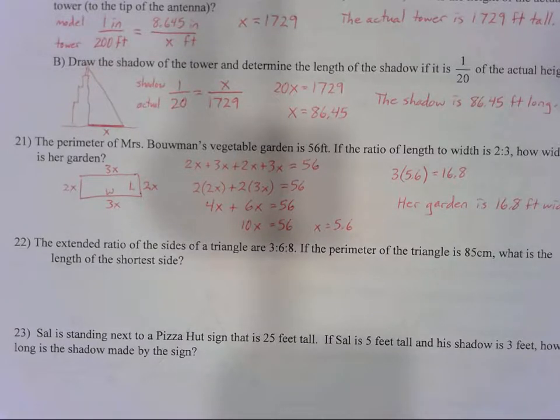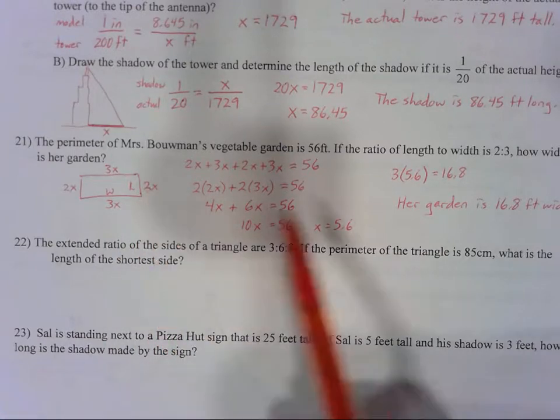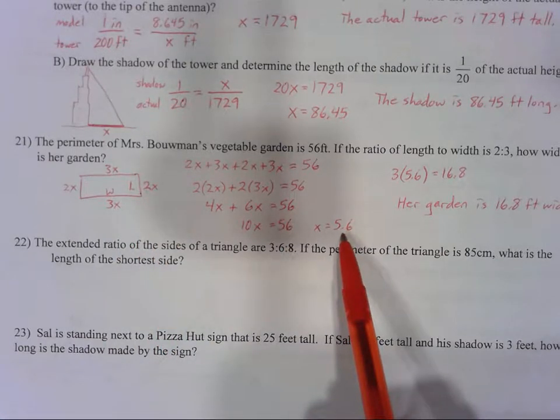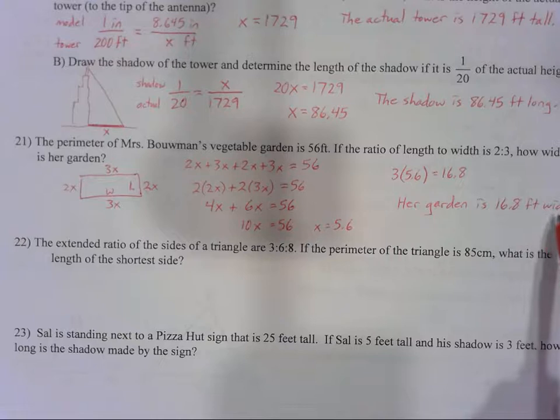Now if you thought the width should be the smaller one and you did 2 times 5.6 to get 11.2 feet wide, I can understand that. I will try to make sure that is not the case on a test question. That I'll try to make the length longer than the width.